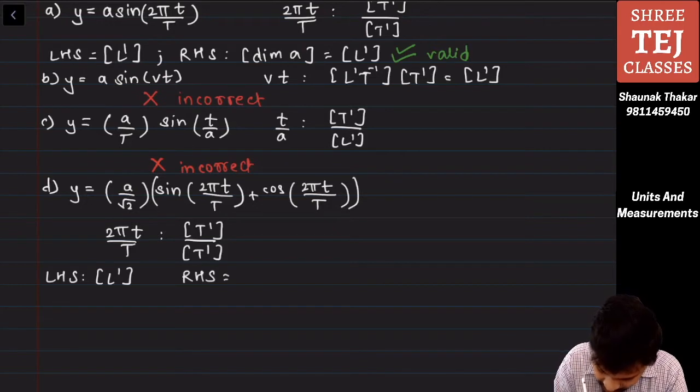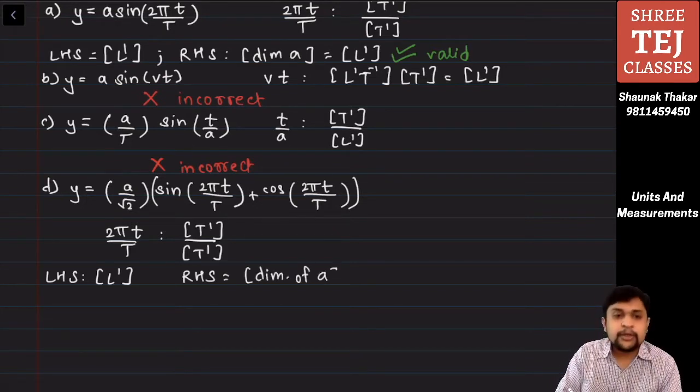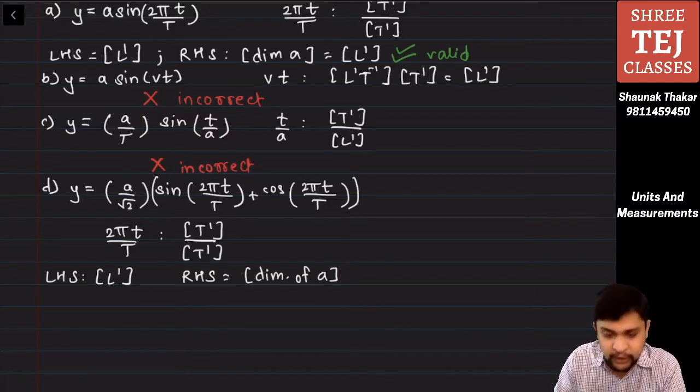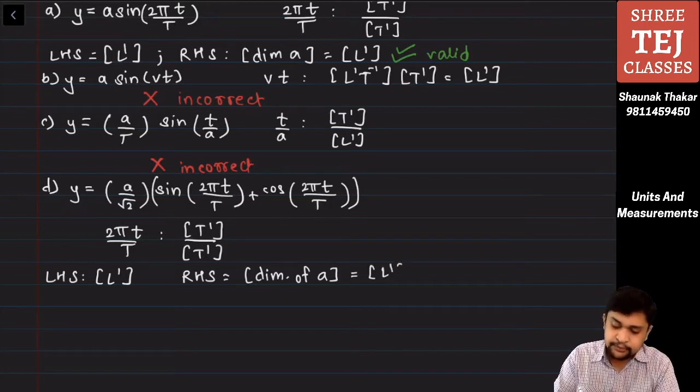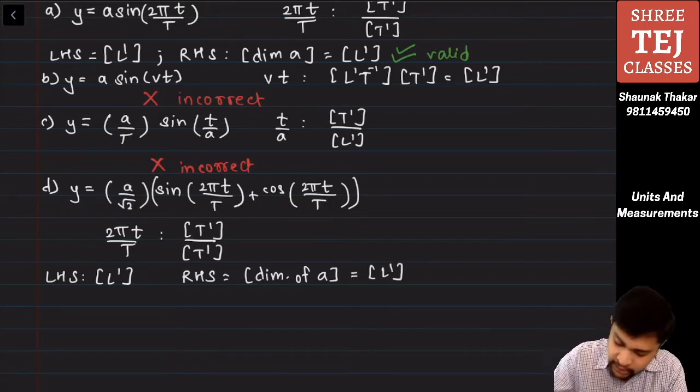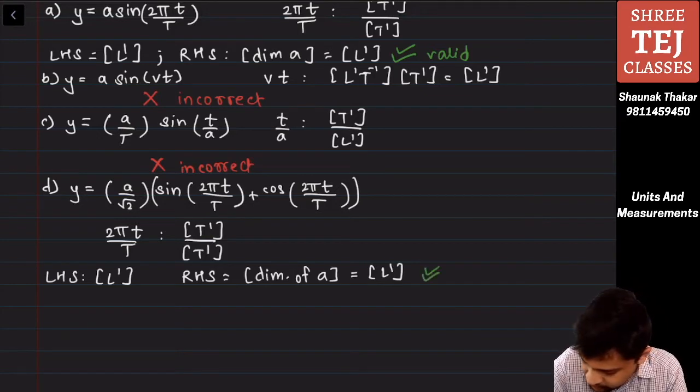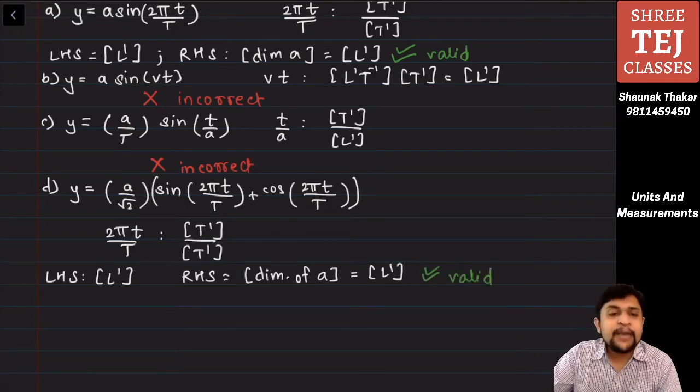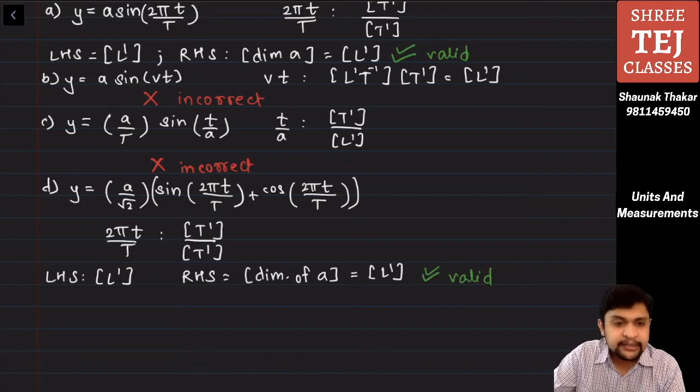RHS is dimension of A into 1 upon root 2, which is a constant, and into a dimensionless quantity. So this is just dimension of A, which is L raised to 1. Hence, this is valid because dimensions of LHS and RHS are same.